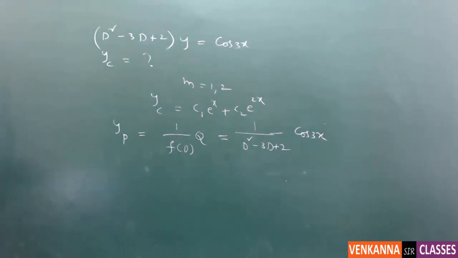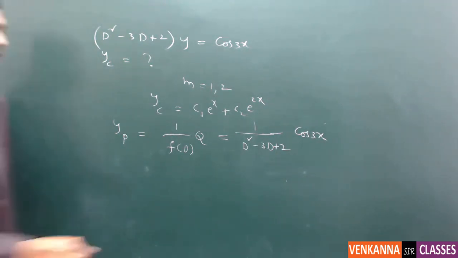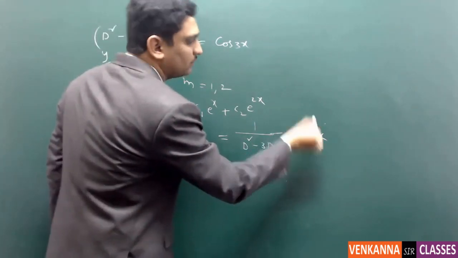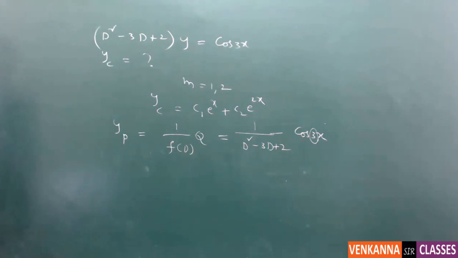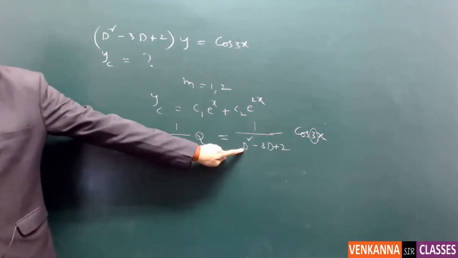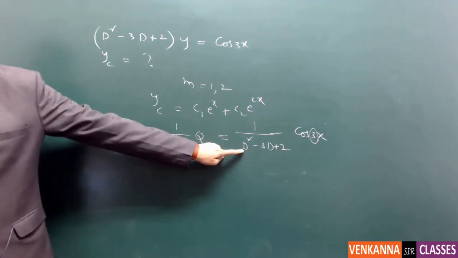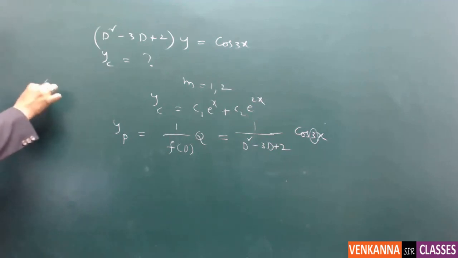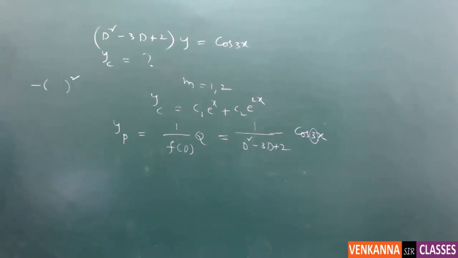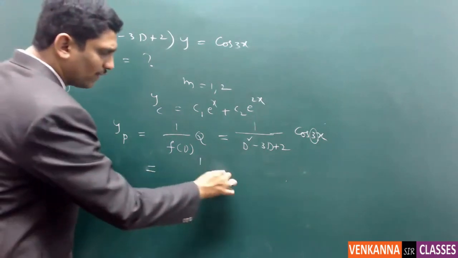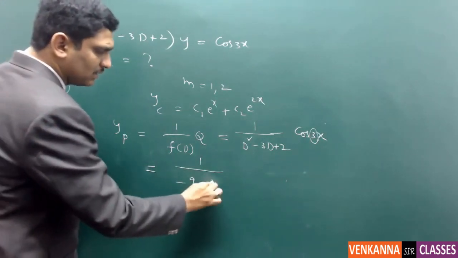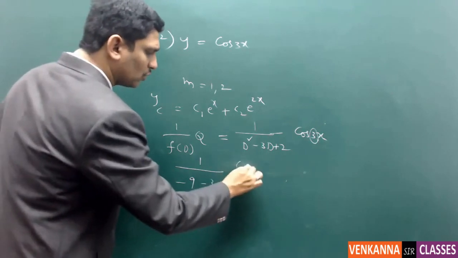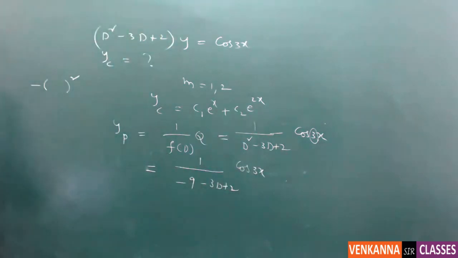So whenever cos or sine functions are given, obviously here we should have a number, 3, 2, 1, etc. The thing we have to do is, you have to replace D square with minus the number whole square. So I am going to make it as 1 by minus 9 minus 3D plus 2 into cos 3x. Is it clear now what I have done?